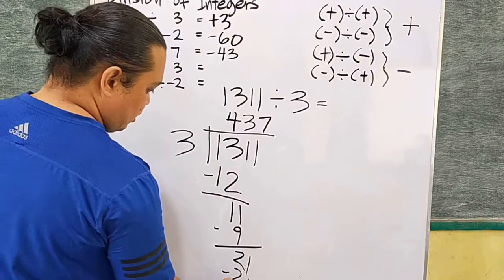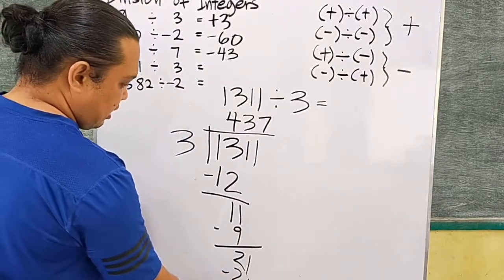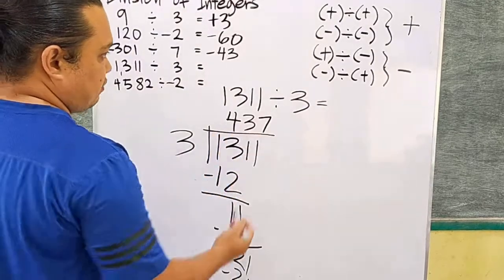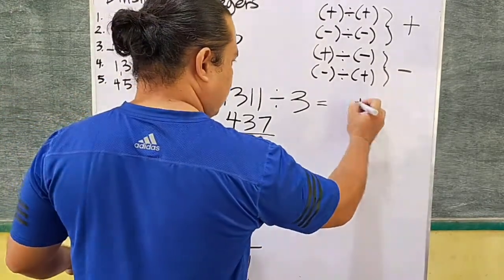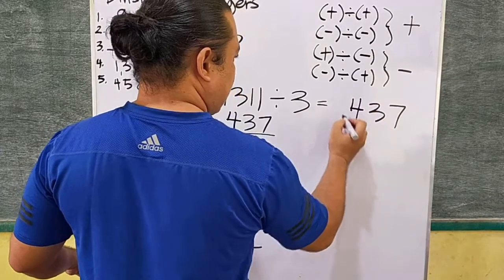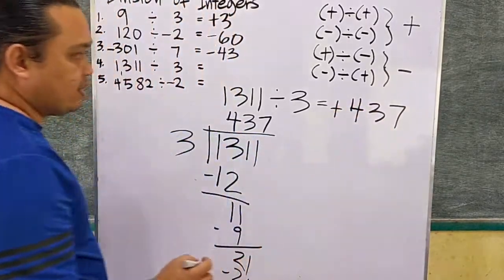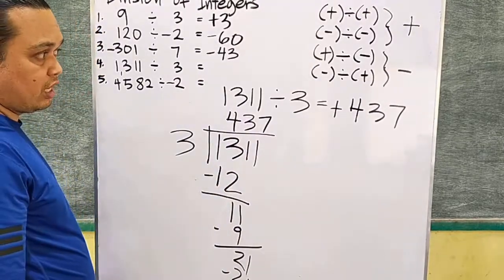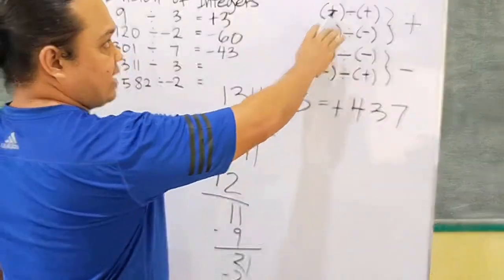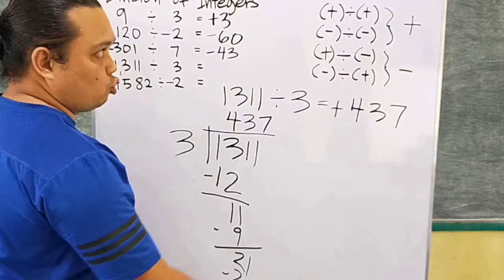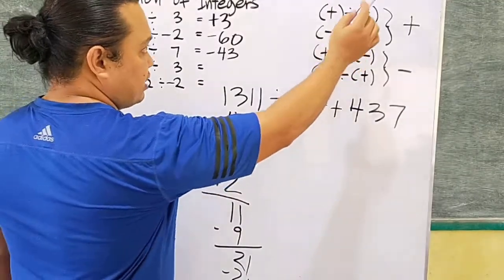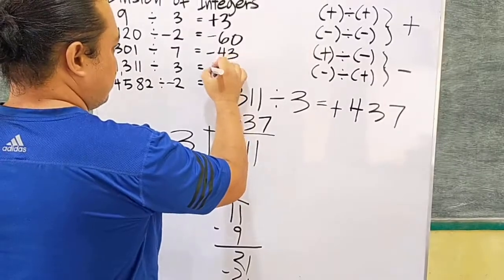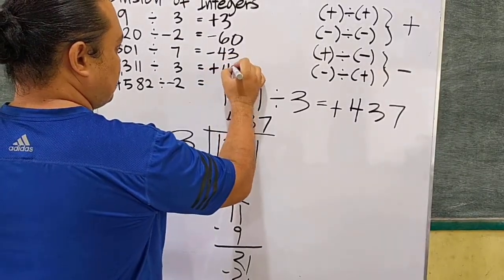So we have 21 minus 21, that's 0. Okay. So we have 437. And 437 here is a positive integer. Why? Because we have divided like integers. Okay? Because the quotient of like integers, whether 2 positive or 2 negative, is a positive integer. Okay? So our answer will be positive 437.